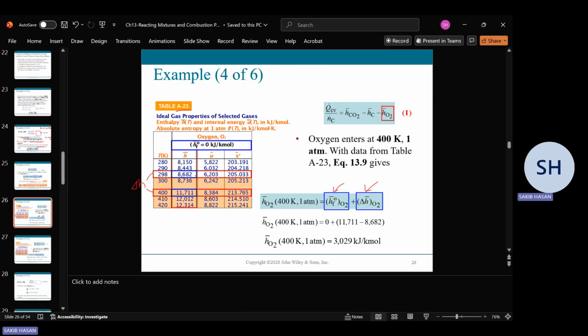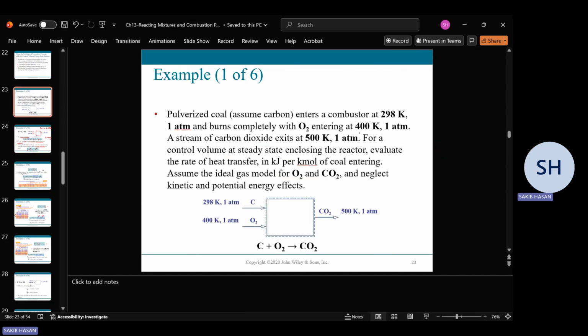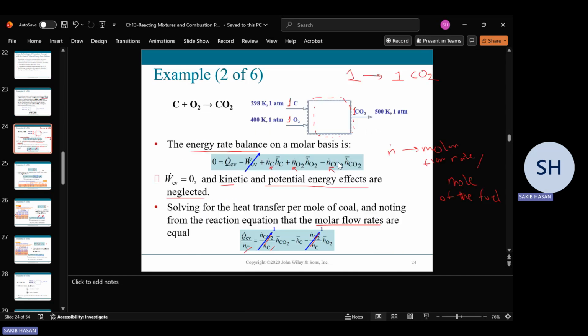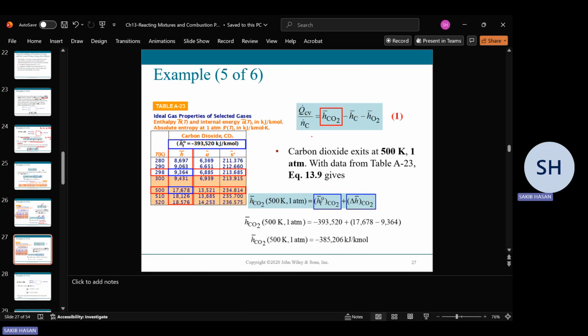And we first look at the standard state, which would be 298 Kelvin, and then the state that it is in before it goes in, right? At 400 Kelvin, 1 atmosphere. And so you get this delta H, which is this. And the last value that we need is the enthalpy for the CO2. This is quite easy. You first look up table 823 for carbon dioxide.